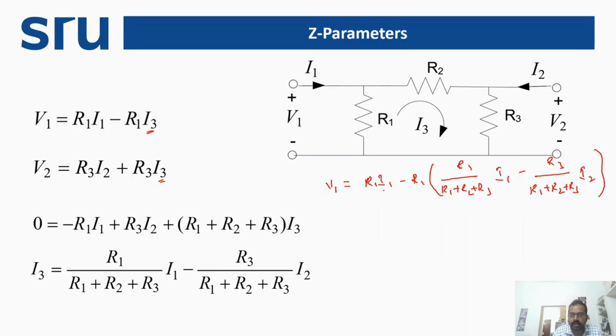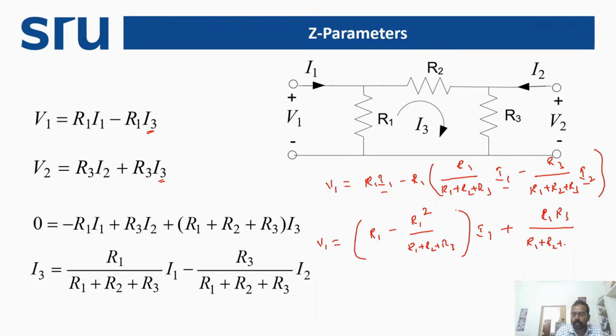If you observe here, we are getting I1 and I2. So let us take I1 common. My V1 is equal to R1 minus R1 square divided by (R1 plus R2 plus R3) into I1. Here minus into minus gives plus R1 R3 divided by (R1 plus R2 plus R3) into I2.